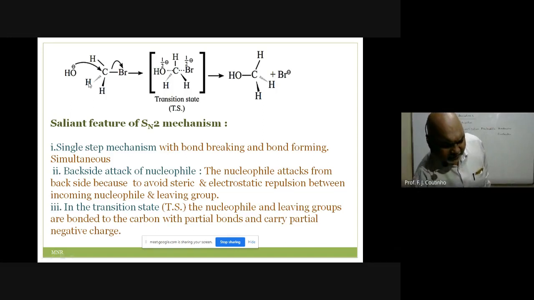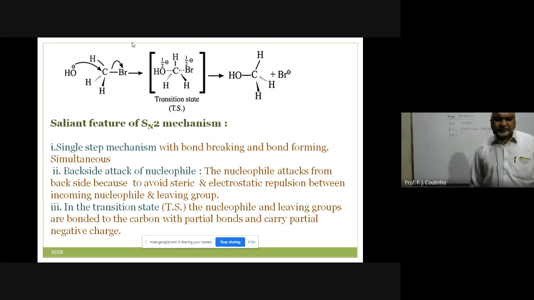Here OH minus is a strong nucleophile which is attacking the carbon opposite to Br. Here, if you see, there is a carbon connected with three hydrogens.